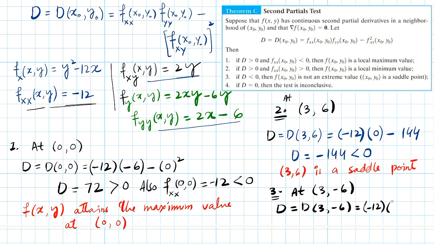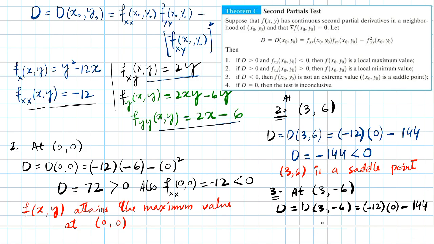And when we put this into the double derivative with respect to y, x is 3, so 3 times 2 is 6, 6 minus 6 is 0, and then minus the double derivative with respect to xy, where we put just the value of y, so that would be 2 times negative 6, which is negative 12. Then you have to square the negative 12, so that becomes 144.